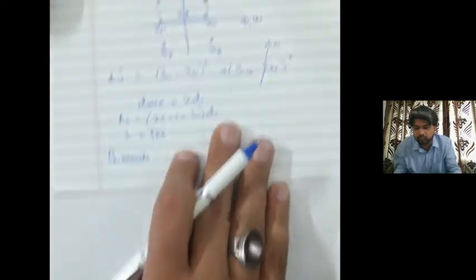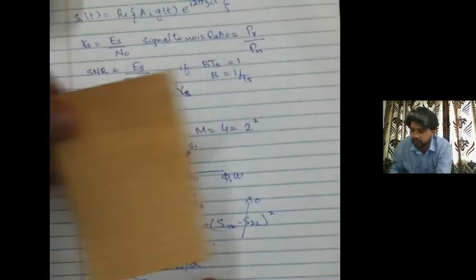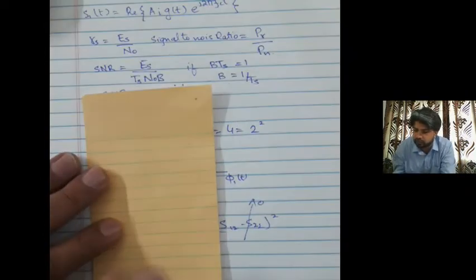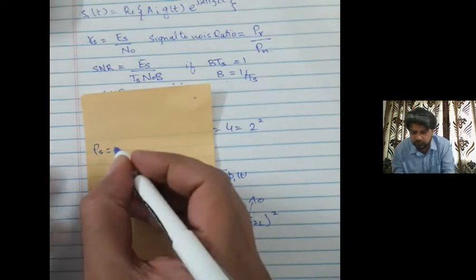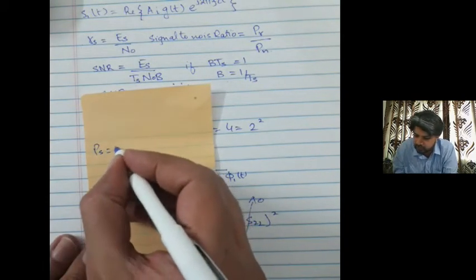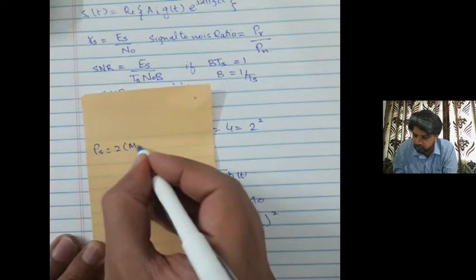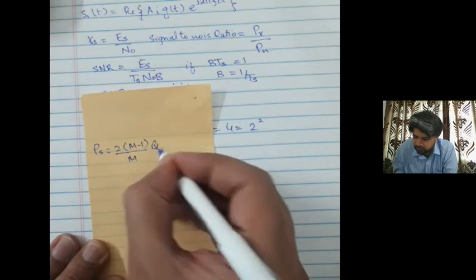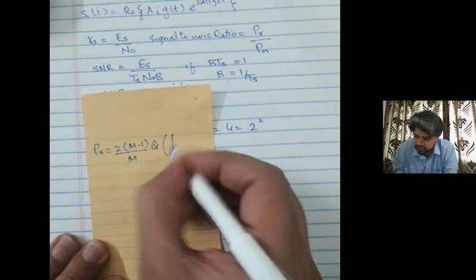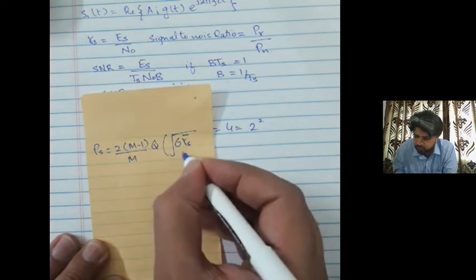Remember what was the symbol error probability for the pulse amplitude modulation. For the pulse amplitude modulation, you had 2 times (M minus 1) over M times Q function of root of 6 gamma s bar over (M squared minus 1).